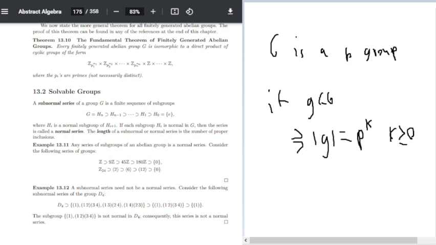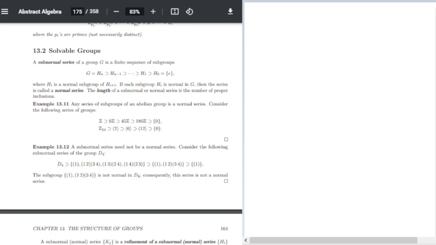13.2. Solvable groups. A subnormal series of a group G is a finite sequence of subgroups, G equals Hn, which is a superset of Hn minus 1, which is a superset of and so on, down to H1, which is a superset of H naught, which is equal to the identity, where Hi is a normal subgroup of Hi plus 1.